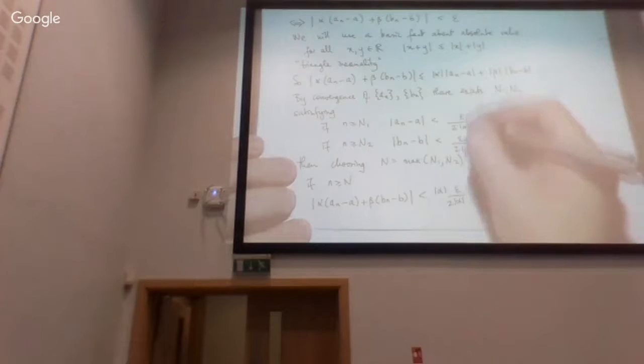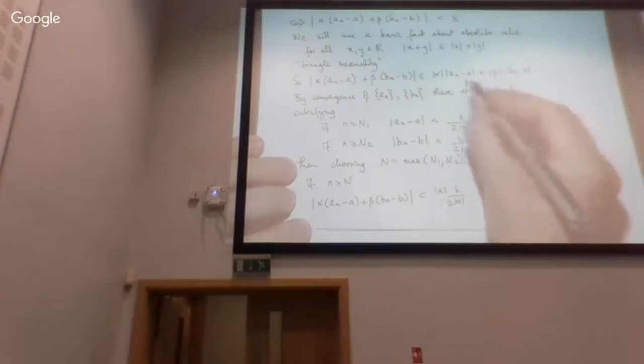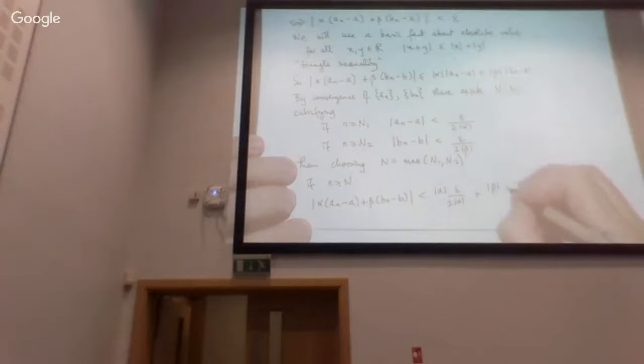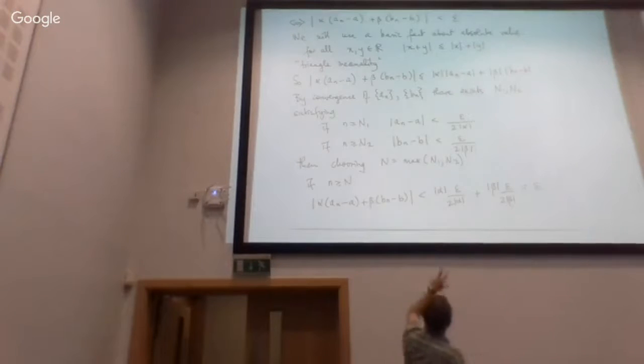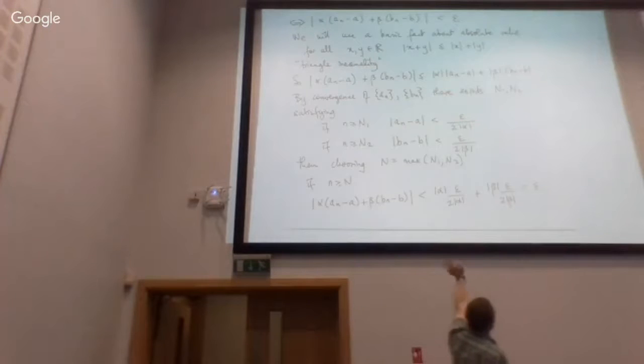So here I make the substitutions. I substitute in these strict upper bounds for these two quantities on the right. Those smaller radii were carefully chosen so that when you combine them in that way, they come out as exactly epsilon.